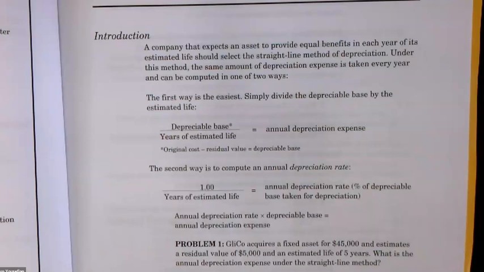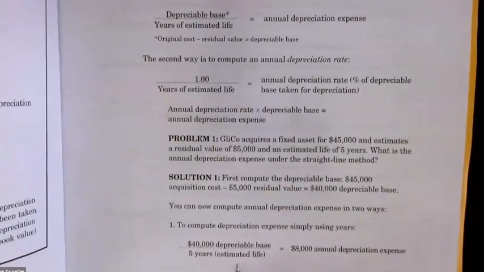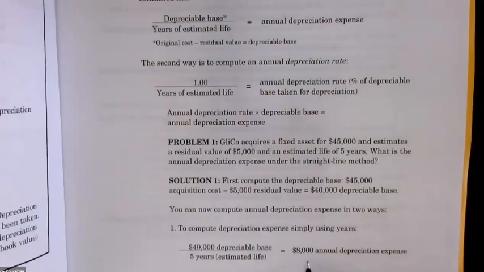Simple as that, and you can just read the examples and see it. Here is a $40,000 depreciable base divided by 5 years estimated life. That gives you $8,000 annual depreciation.